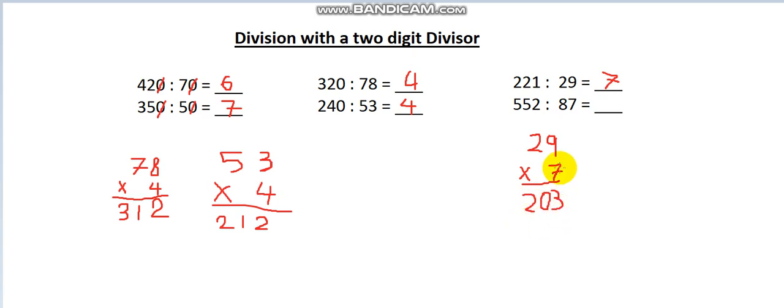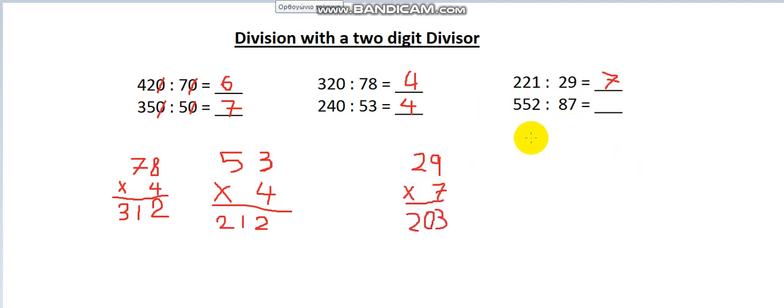So, 203. Could I fit another 29 without passing 221? The answer is no. I would get to 232, which is more than 221. So no, I couldn't fit another 29 here. There is a remainder, but that doesn't matter. The maximum amount of 29s I could fit into 221 is 7. And that is the question I was trying to answer.